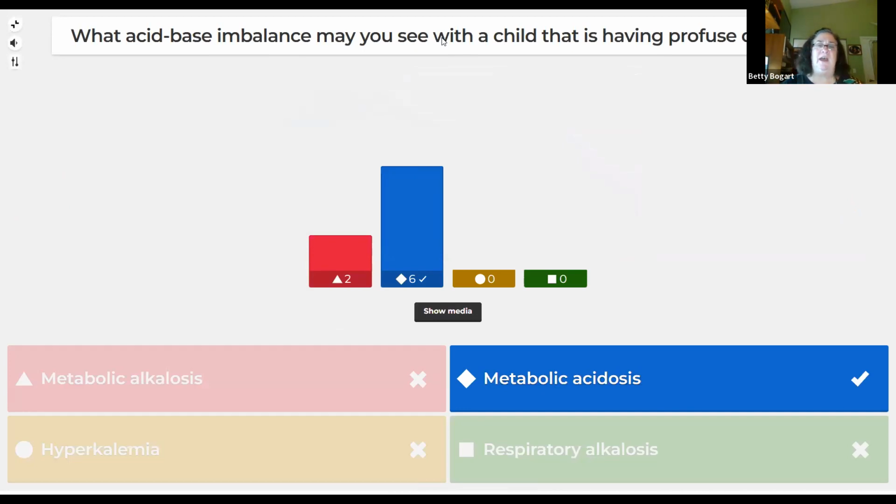The GI tract has a lot of alkaline secretions, especially those secreted by the organs in the small intestine. So you will have metabolic acidosis. Now, you'll see acid-base imbalances on many of these Kahoots. I saw 4 different questions on the HESI regarding acid-base. Also, I know it's on your NCLEX, so that's why I've tried to incorporate that in here for y'all.